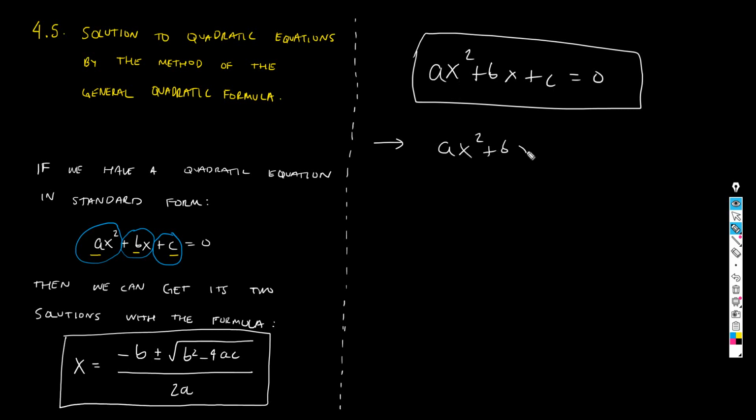And how do you do that? We divide everything by that coefficient. Then we do many steps, and what you end up with is in fact that formula.